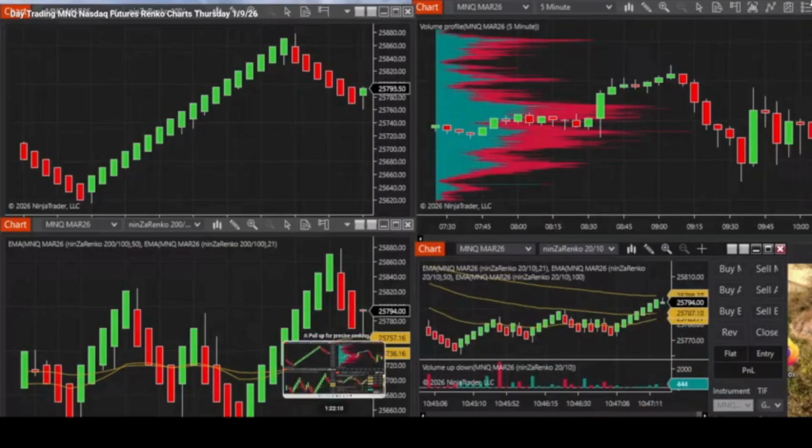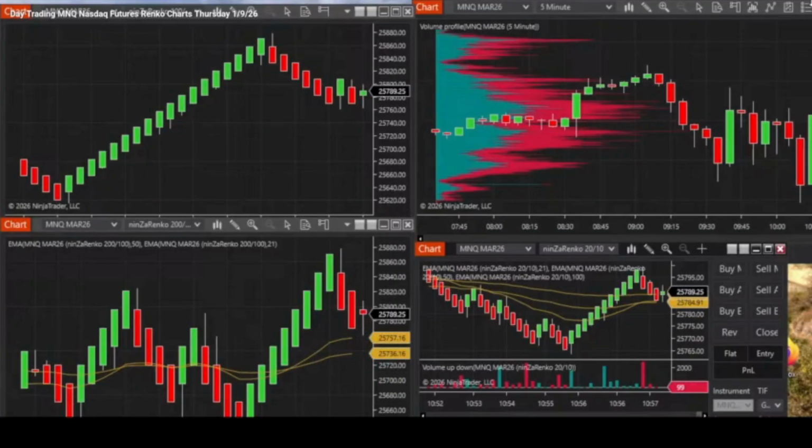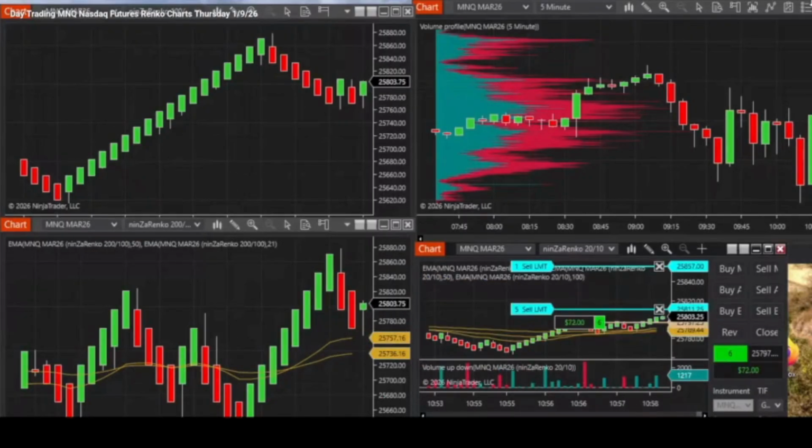Now we got stopped out. Moving along. I went long on another 5. Up about 5 points. Actually, it's 6. Trying for that runner again.